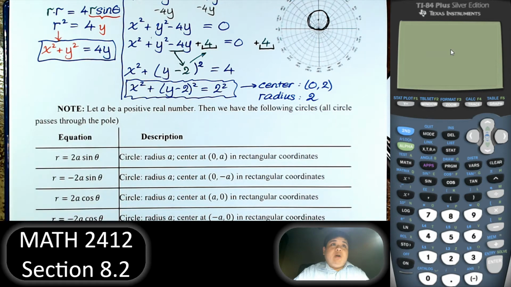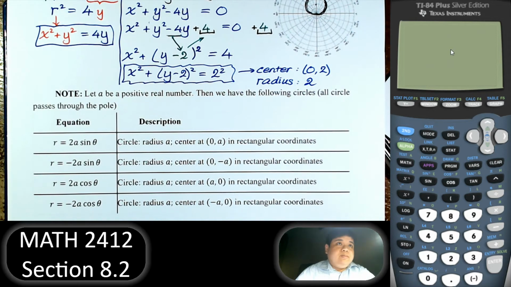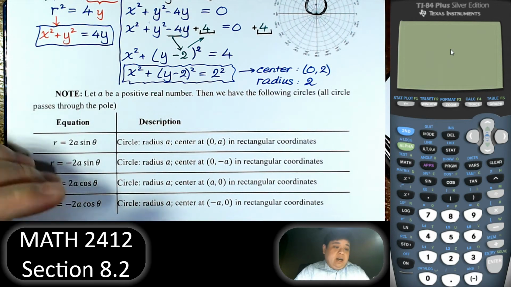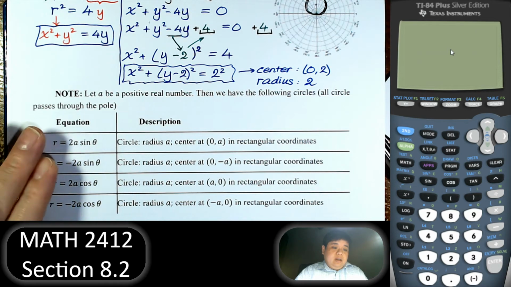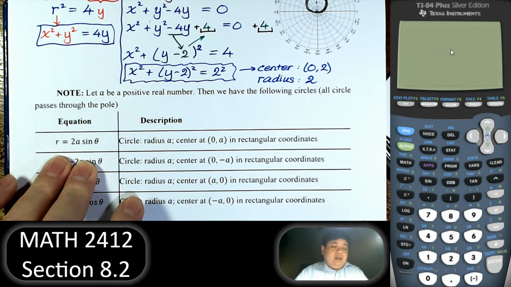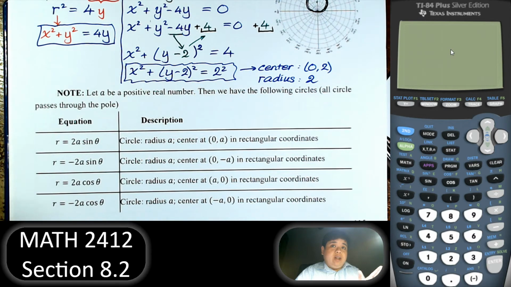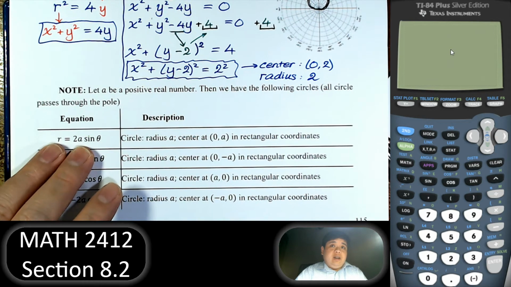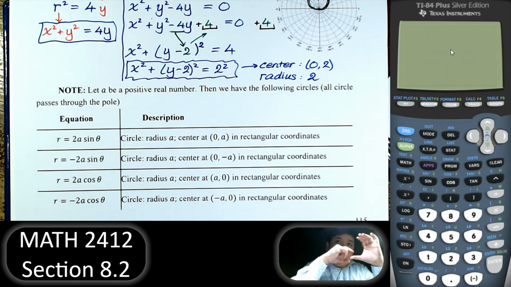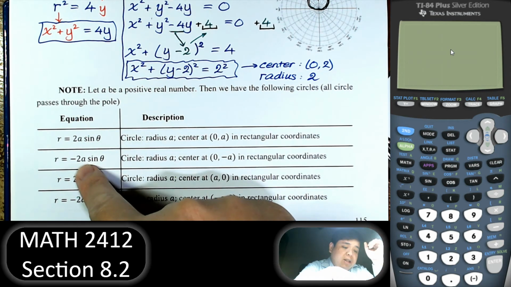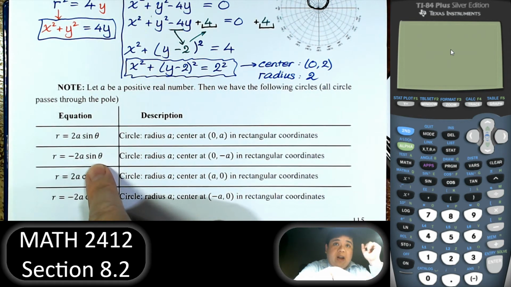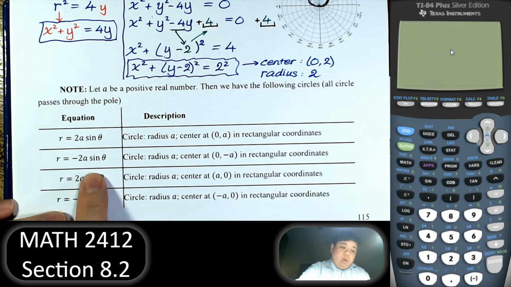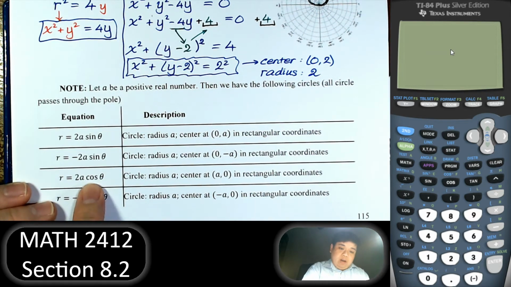Once again, if we have r equal to 2a, if it's positive sine, it will be above the pole. If it's negative sine, it will be below. Negative cosine will be on the left, positive cosine on the right.